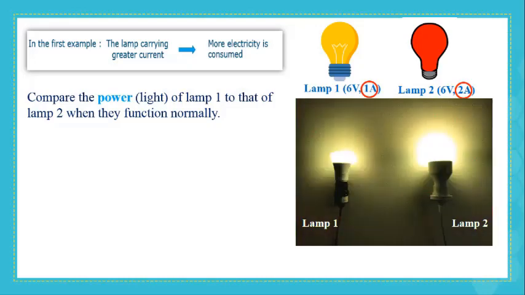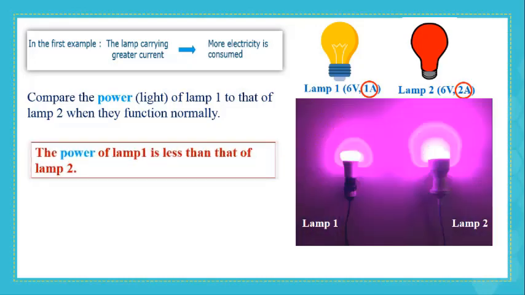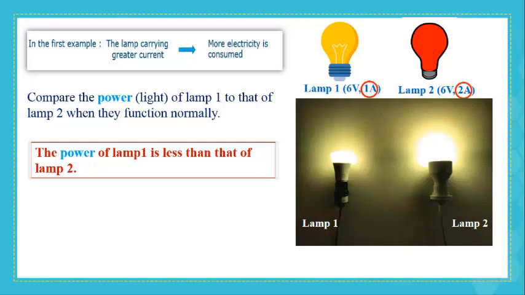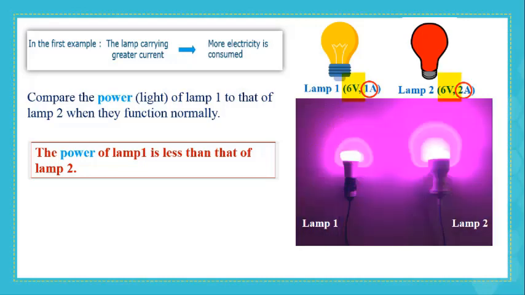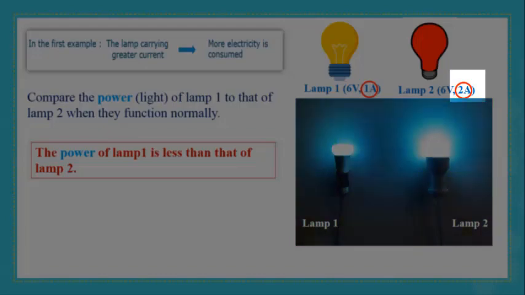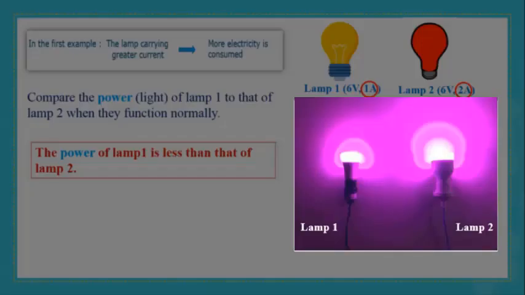This means that the power of lamp 1 is less than that of lamp 2. Both lamps 1 and 2 function normally under a voltage of 6 volts, but lamp 2 carrying 2 ampere, a current more than that carried by lamp 1, produces more light, indicating more electric power.